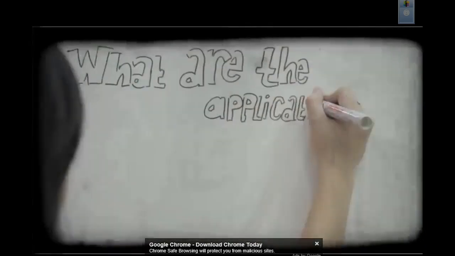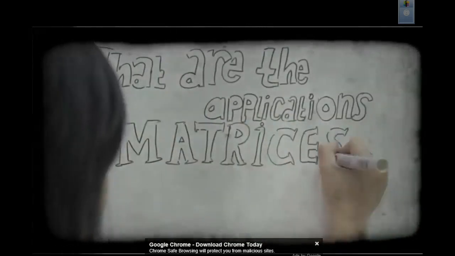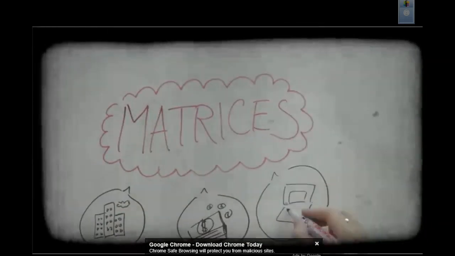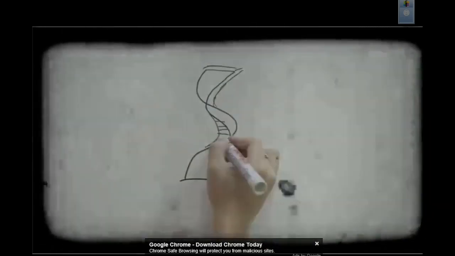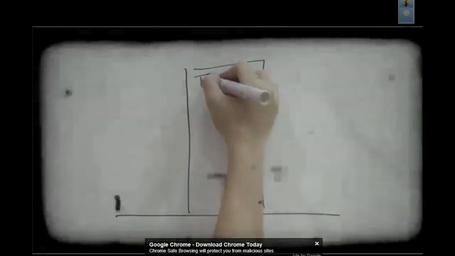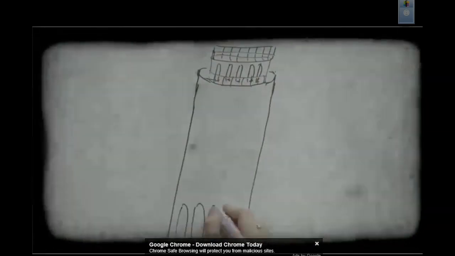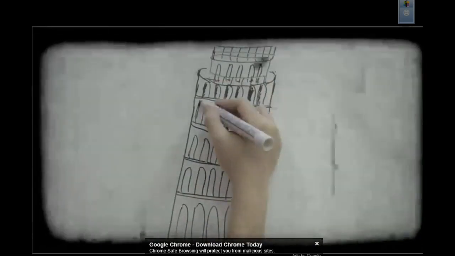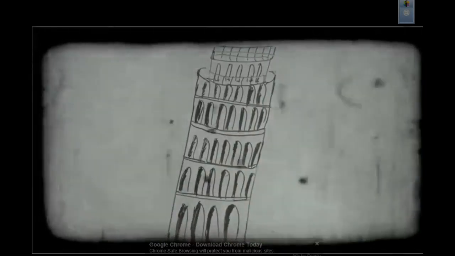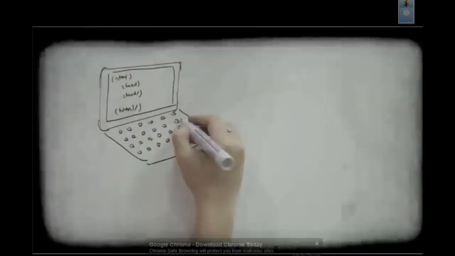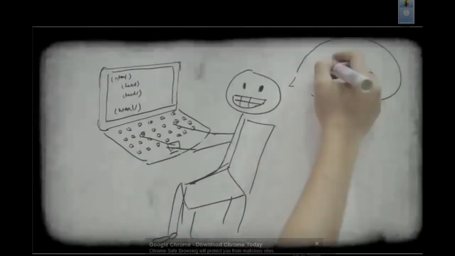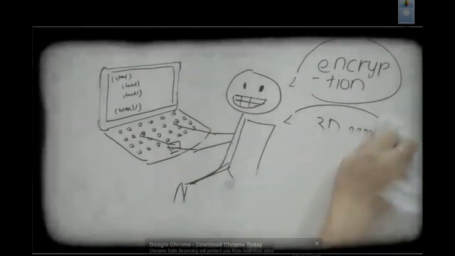Now, what are the applications of matrices in real life? There are many uses of matrix. Architects use them to make architecture which has great design but can also serve its purpose, such as supporting historical structure. Scientists also use it for encryption.